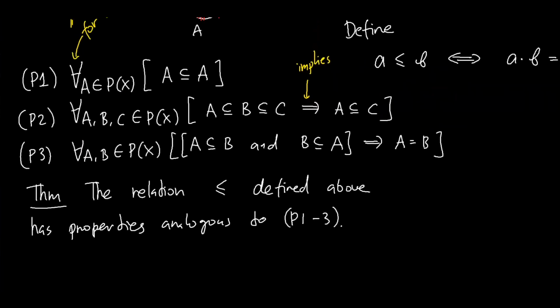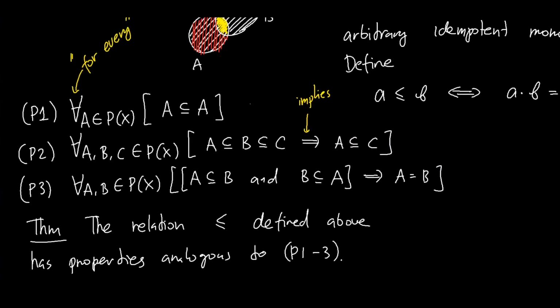And maybe it will be convenient if I remind you the names of these as well, so we can refer to them later. This is called reflexivity of a relation. In this case, it's the relation of being subset. This is called transitivity. And the last one is called anti-symmetry.